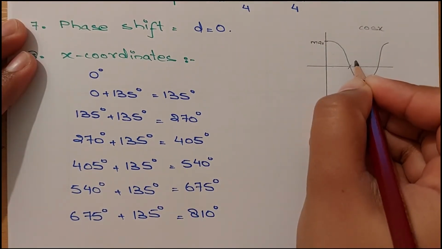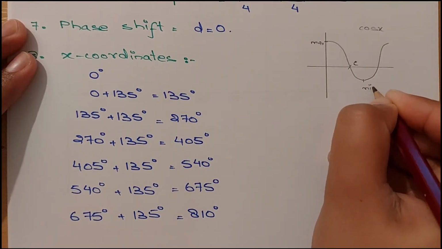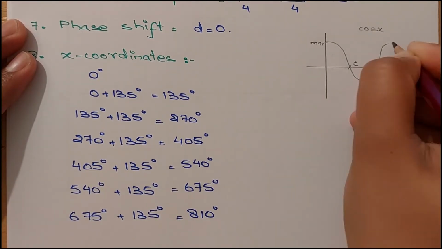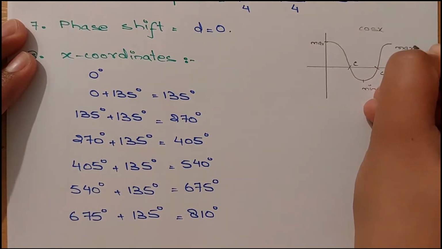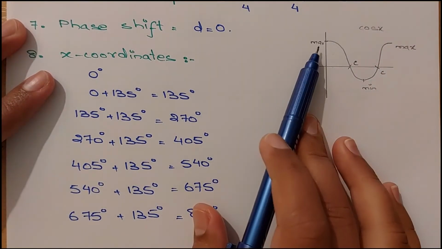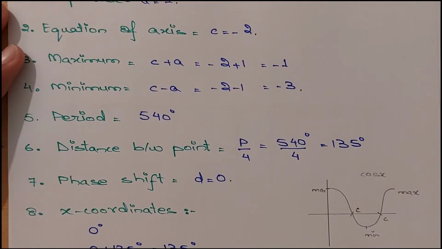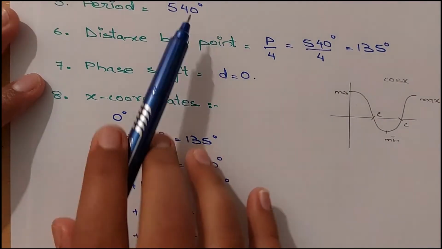This point is on the c value, the equation of the axis. This is the minimum point, then the c value, and then again the maximum point for one complete cycle, right? So the first y coordinate is the maximum point, which is minus 1, the minimum is minus 3, and the equation of the axis is minus 2, right?